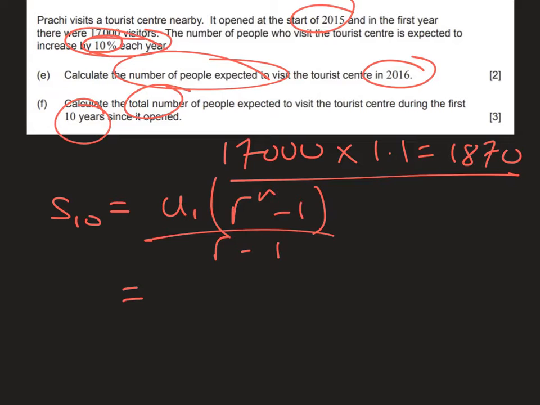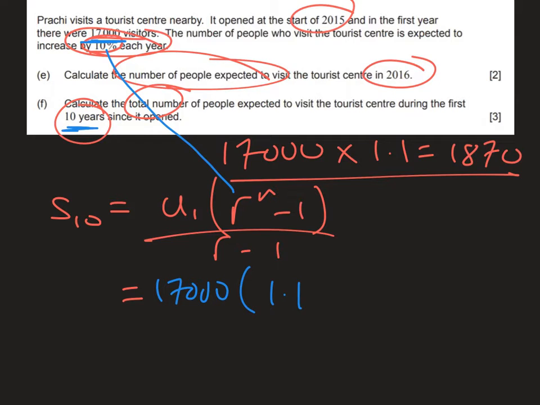So the first term u1 in this sequence is 17,000, so that's going to be 17,000, the first number, multiplied by r, which is the common ratio. So the common ratio here, if we're increasing by 10%, it's going to be 1.1.